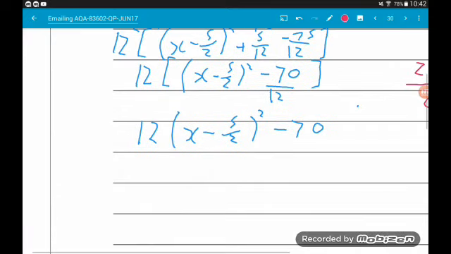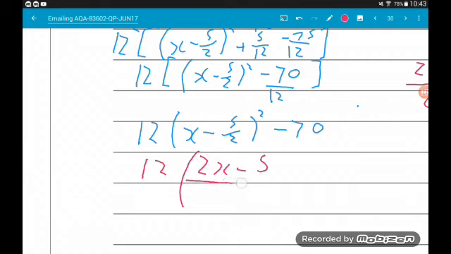So we can write this stuff inside of that bracket as that. So we've got 12 lots of 2x minus 5 all over 2, and that is all being squared. And then we've got this minus 70 on the outside.